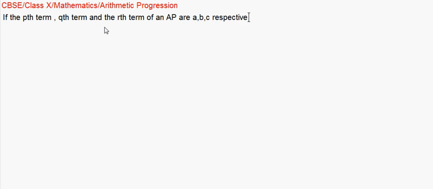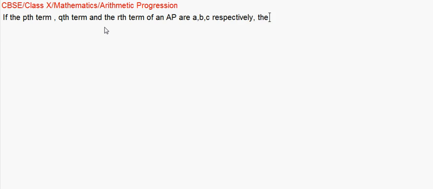It says if the pth term, qth term and the rth term of an AP are A, B, C respectively. There are a few alphabets which are getting repeated.